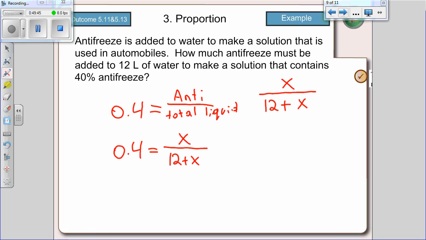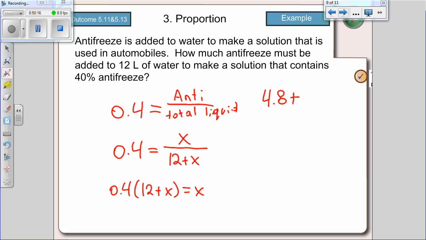0.4 times 12 is 4.8. It just goes with some analogies. 4.8 plus 0.4x is equal to x.